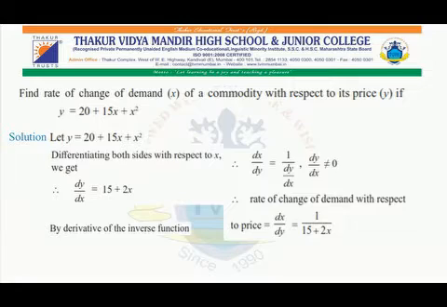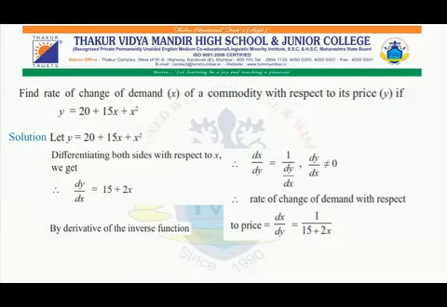In x square the power is 2, so using the formula for x raised to n, we get 2x raised to 2 minus 1. Since 2 minus 1 is 1 and 1 is not written in the power, we write 2x. So the derivative of x square is 2x, and we get dy by dx equals 15 plus 2x.